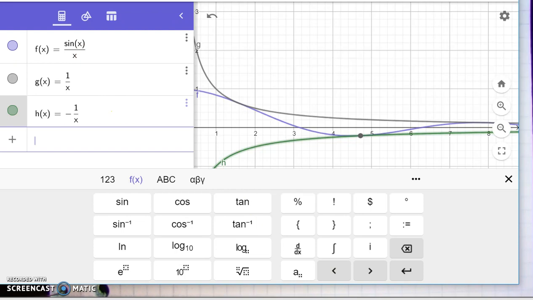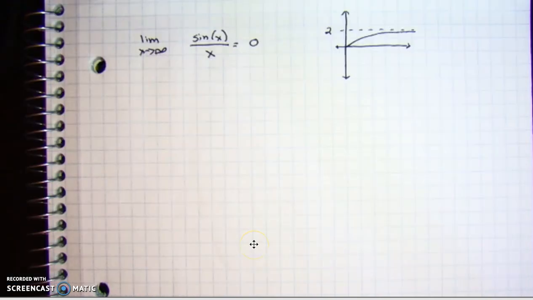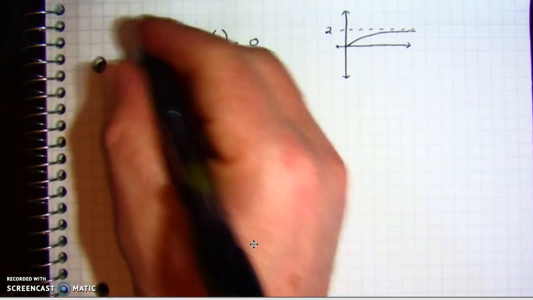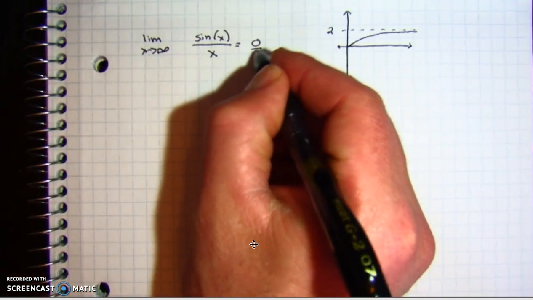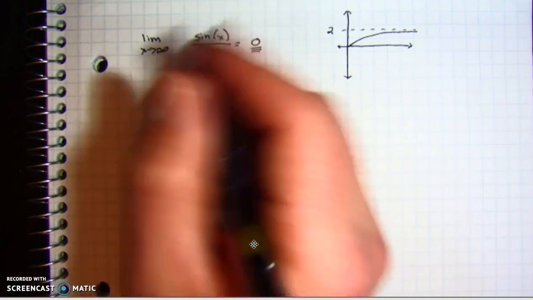So that's a neat little thing with the squeeze theorem. You could call it a practical application of it, because sine x over x might not be as intuitive. So you say, well, how are you sure that it converges to 0?